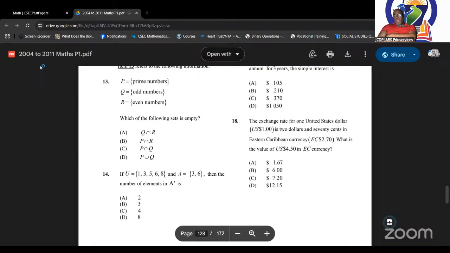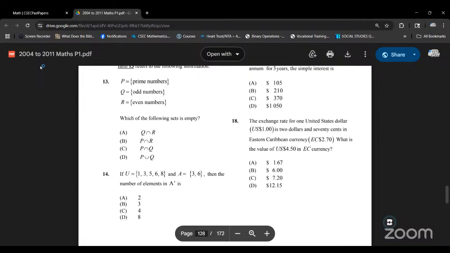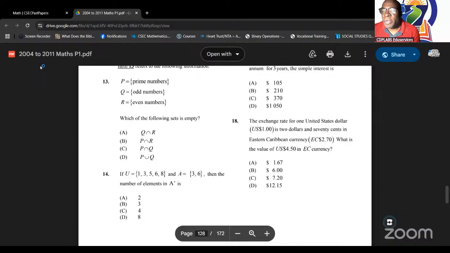So therefore, 2 US would be what then? 5.4. Good.